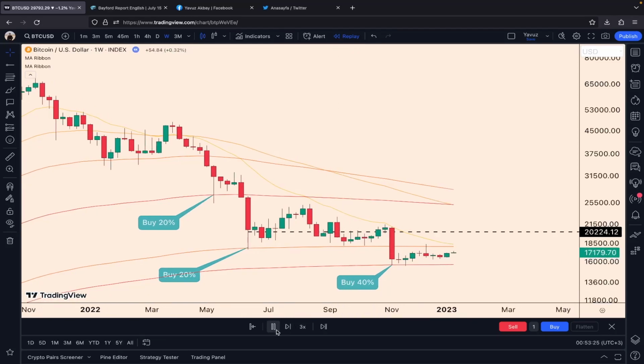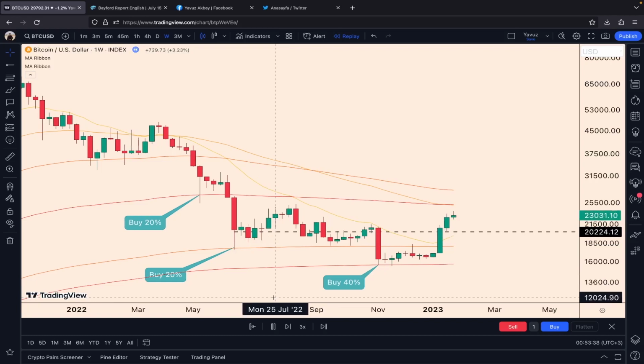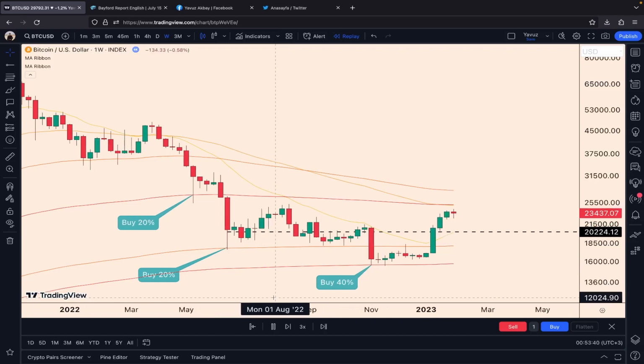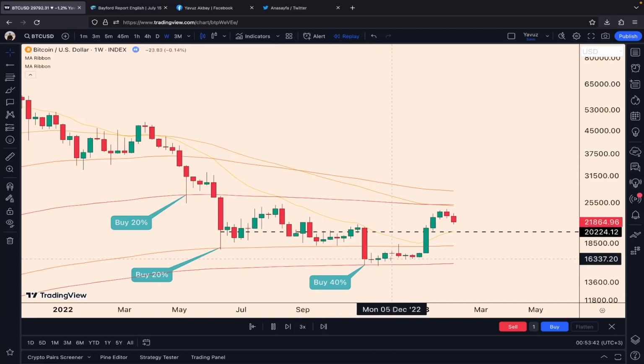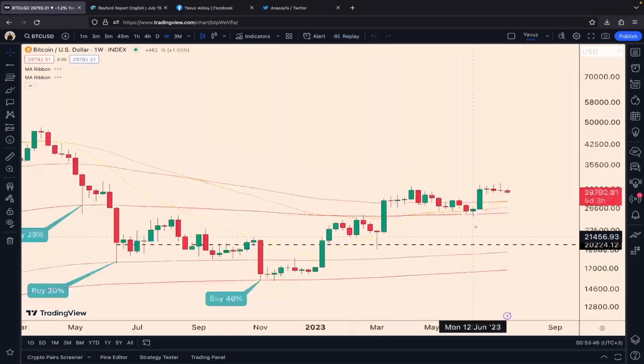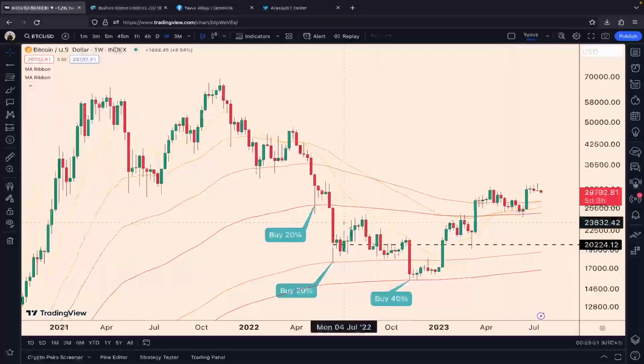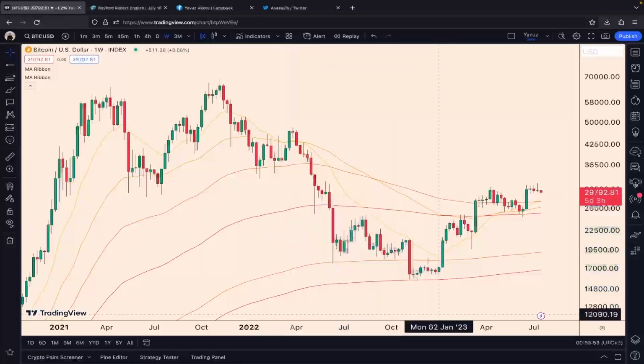Right now you can plan to sell here, or here, or you can wait like me, because I think we finished the bear market. We're inside a bull market. It started going up, and right now we are here, and I still didn't sell my bitcoins, and I keep them.